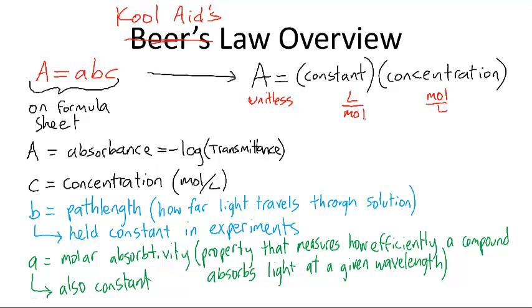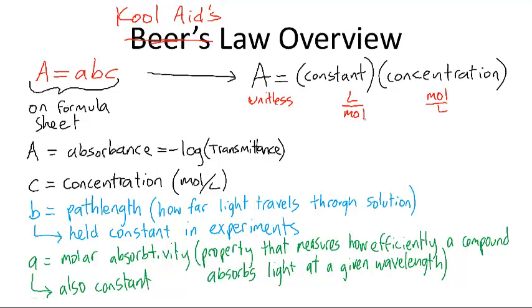So the question is, could you look up the values for a, for molar absorptivity for a given compound, and just skip the whole graphing part? The answer is maybe. You may be able to look up those values.